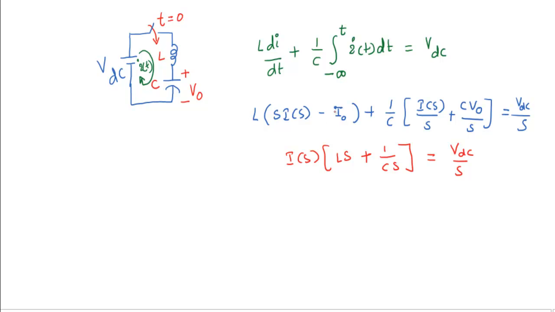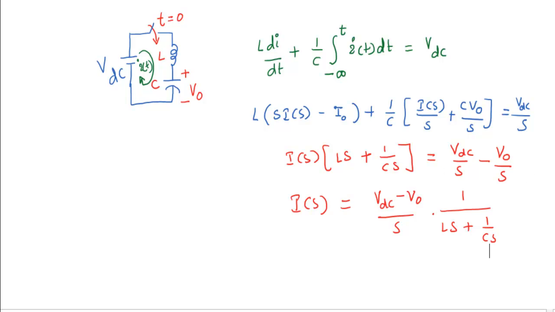I0 is the initial current flowing through the inductor when the switch is not on, so that is zero. The C by C gets cancelled, then it will be V0 by S. So I(S) equals (VDC minus V0) by S into 1 divided by (Ls plus 1/Cs).